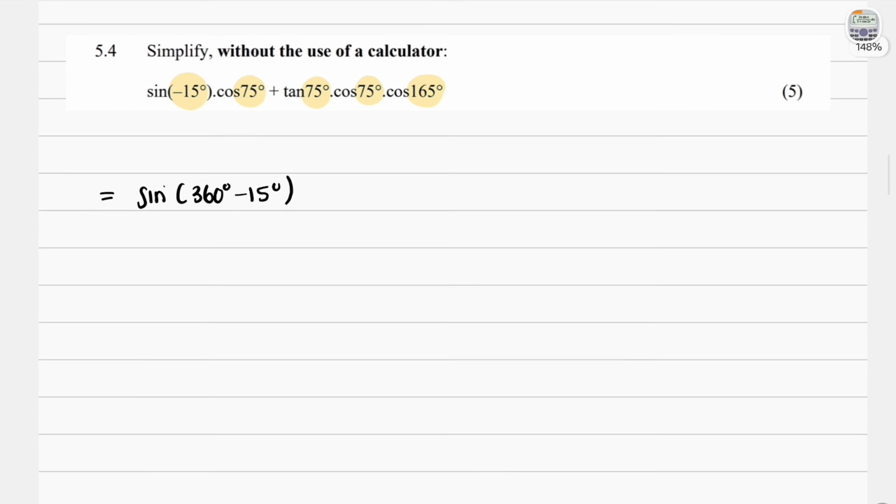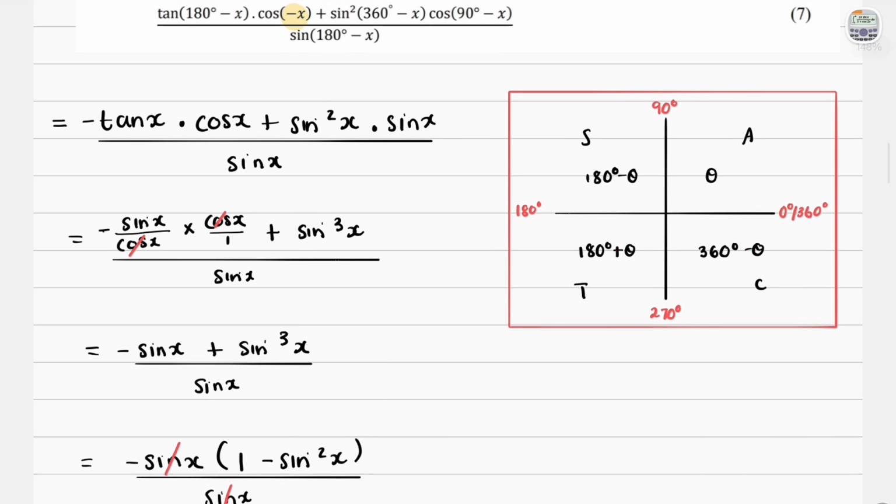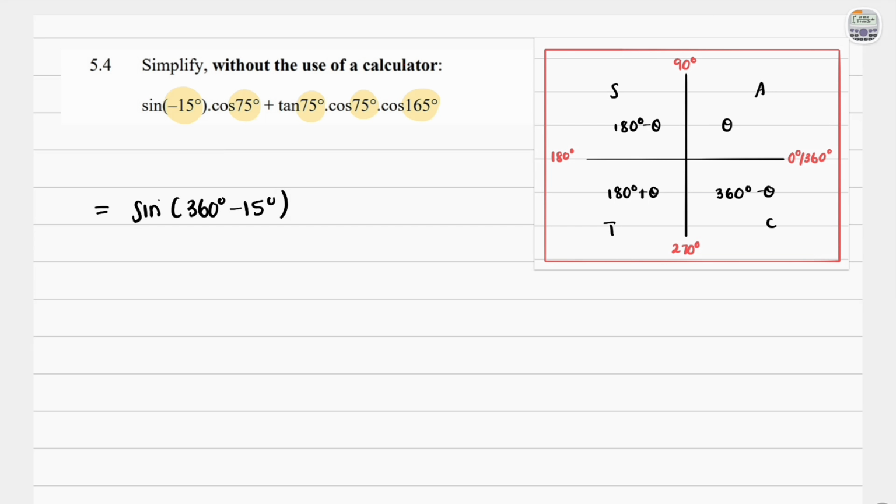So you can see that the reduction we can use here from the previous question, I'll just get this down. That reduction we can use is this reduction over here, in cos's quadrant. So sine is negative in cos's quadrant. So this will simply simplify to negative sine of 15 degrees. And I'm going to change that to 75 degrees soon.